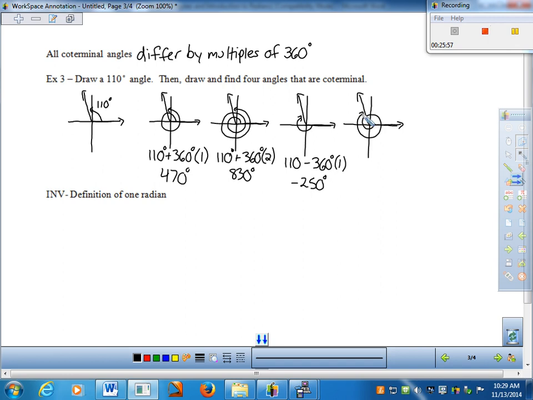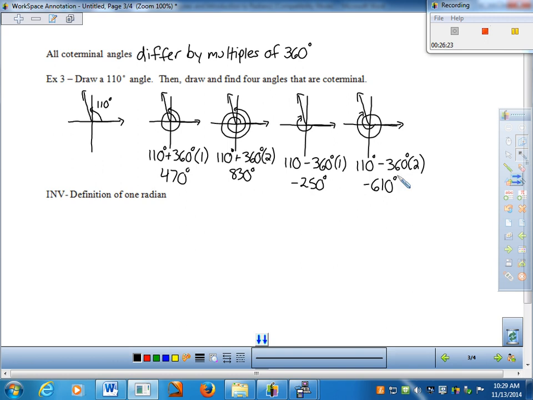And just not to belabor the point too much here, here's the 110, and then I want clockwise twice back around to get that. So 110, and then minus 360 times 2. And so you can see, when all said and done, however many coterminal angles I ask you for, you could just keep adding and subtracting 360 degrees to your heart's content.